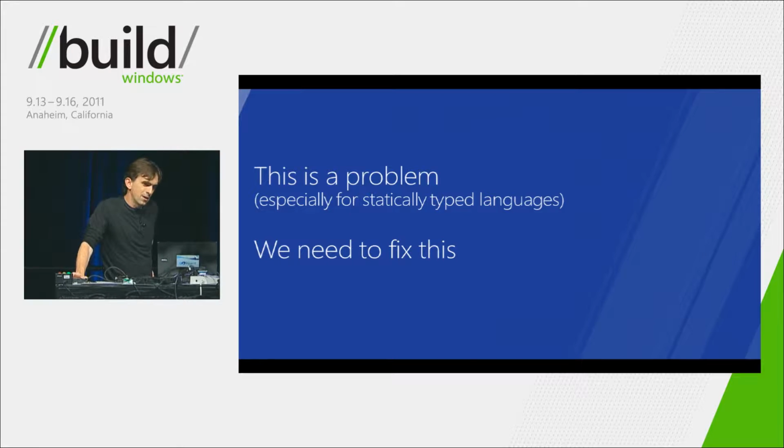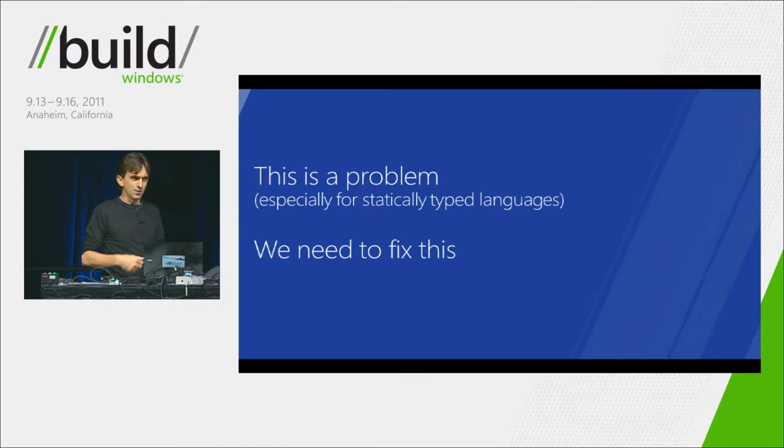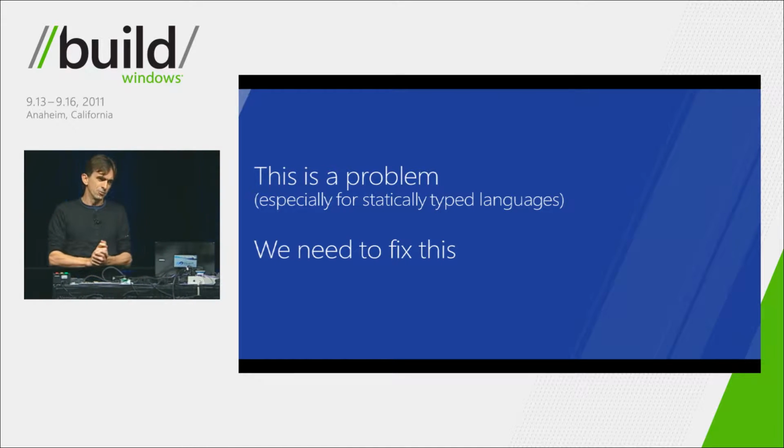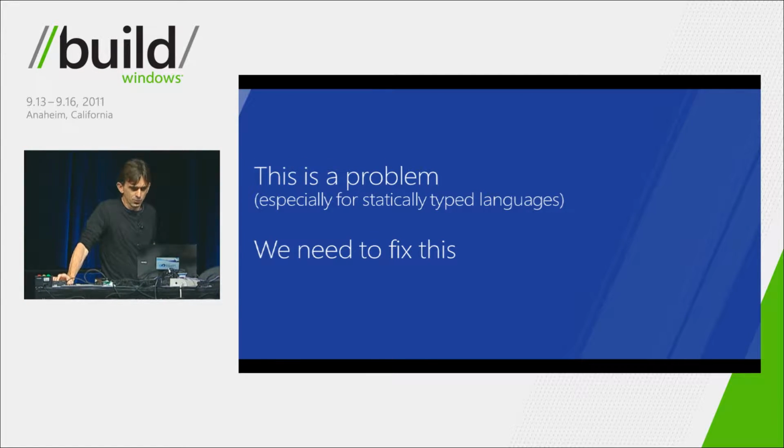And that is a real problem for those of us who love statically typed languages and enjoy the tooling that's available from them. And we kind of know that it shouldn't be like that, right? That the statically typed experience degrades as the information richness grows, because we often have good schemas and metadata for these information sources. And we feel we should be able to do statically typed programming against very rich information spaces. And so we need to fix this.